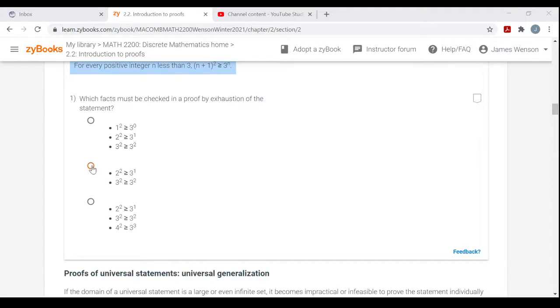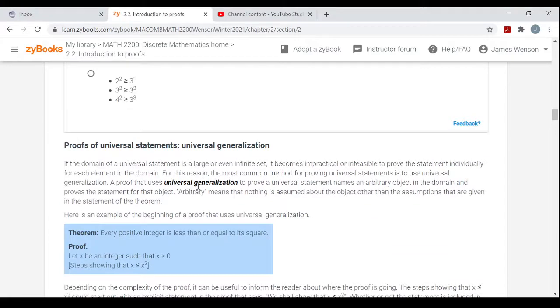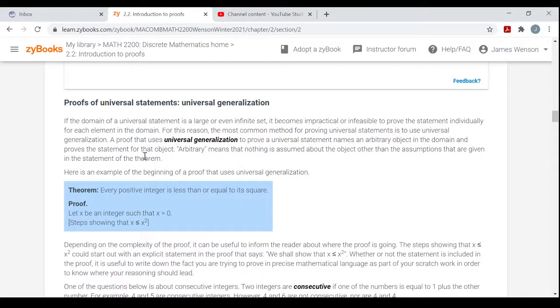All right, so I just did that. That was this one here, right? The 2 cases. This is what I did earlier. Universal generalization. When you have a universal statement, and they're showing it here, like that one earlier, every positive integer is less than or equal to its square. The domain here is all positive integers. There's infinitely many of those. And it's a universal statement, right? You got every. In universal statements with infinitely many values in the domain, you're going to be doing generalizations like this.